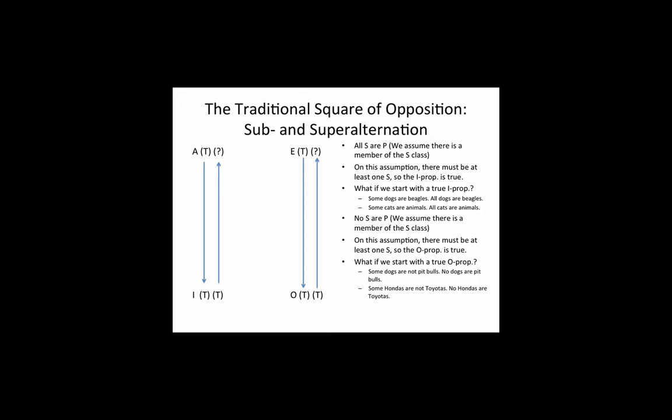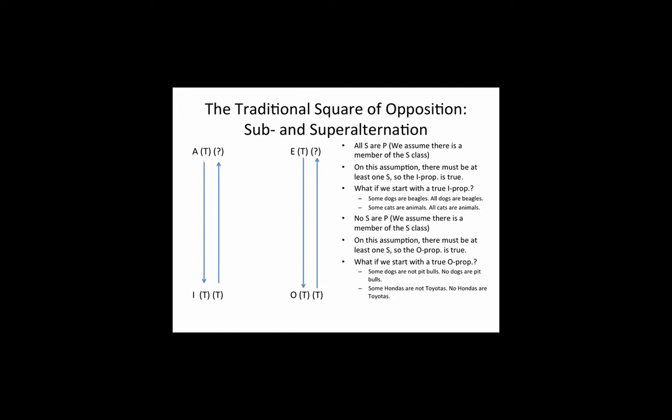Now drop your eye to the third bullet point on the right side. What if we start with a true I proposition? Notice the two examples. When we start with a true I proposition, sometimes the universal, that is the superaltern, is false, and sometimes it's true.